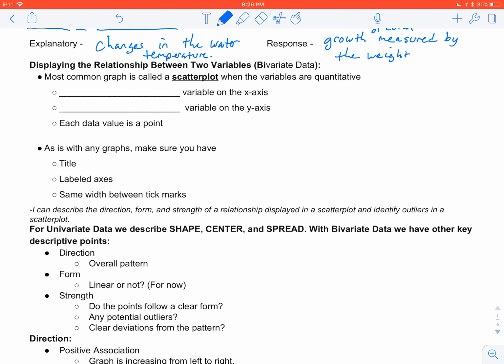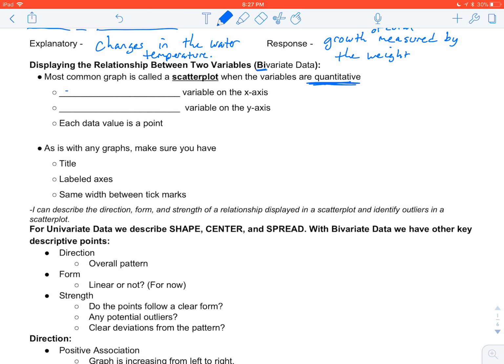Displaying the relationship between two variables. This is what's called bivariate data, the prefix bi, bicycle, two wheels, two variables, bivariate data. The most common graph is called a scatter plot, where the variables are quantitative. This is very important. When you have a scatter plot, it's two number lines, x and y axis. They have to be quantitative variables.